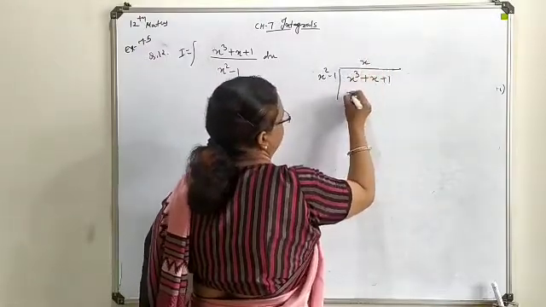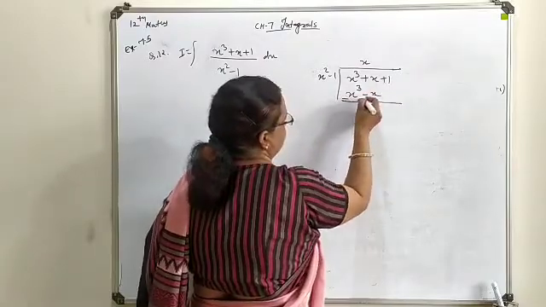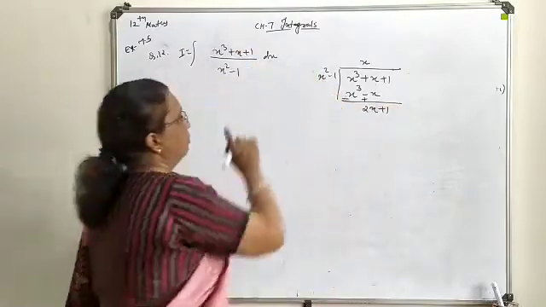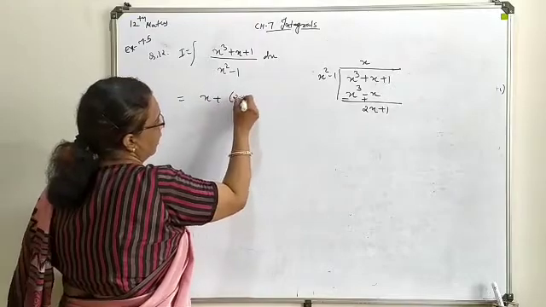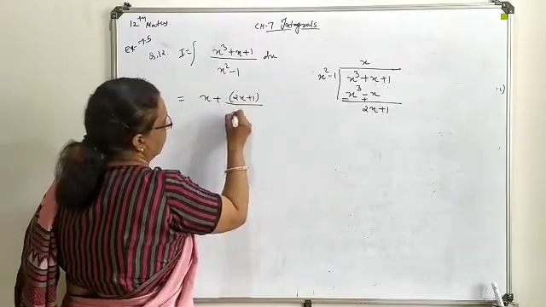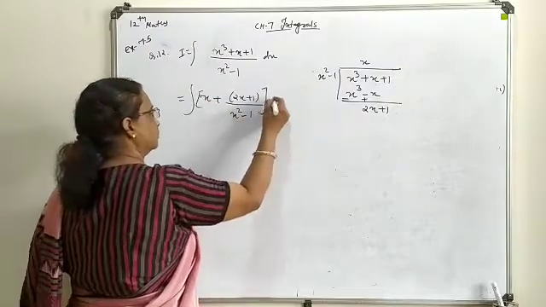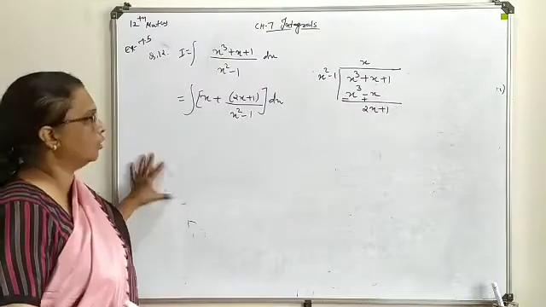So first it will go for x. So this is x cube minus x. Make them subtract. This is 2x plus 1. So this whole expression you can write as x plus 2x plus 1 upon x square minus 1. Now this question you can solve in two manners.